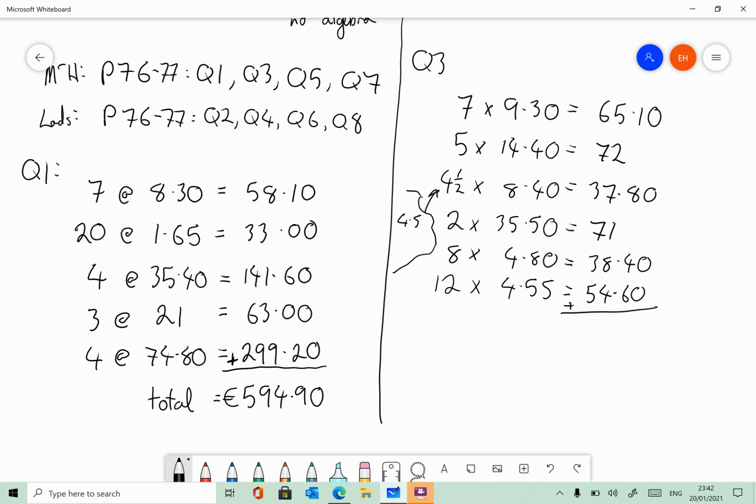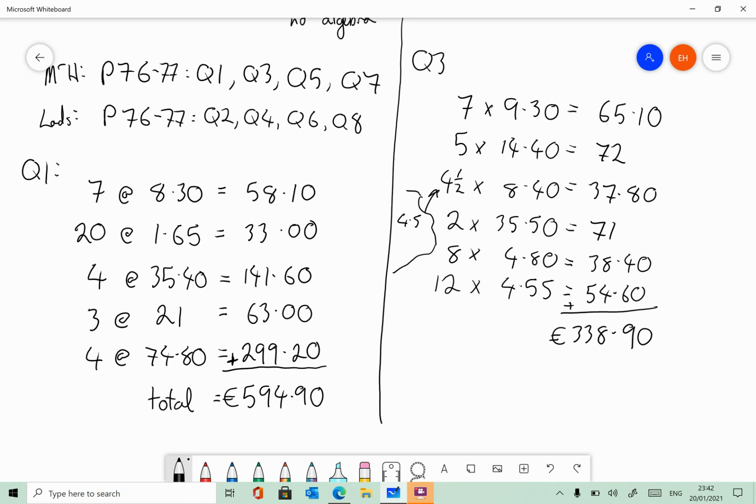So we're just going to add all these things together to get our total. So it's 65.1 plus 72 plus 37.8 plus 71 plus 38.4 plus 54.6, and that gives us 338.9 euro.